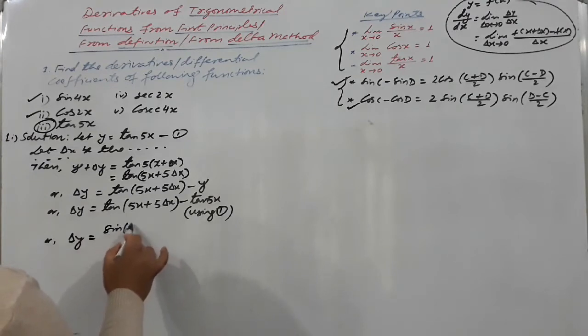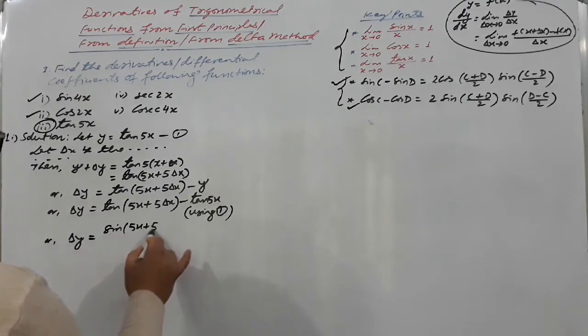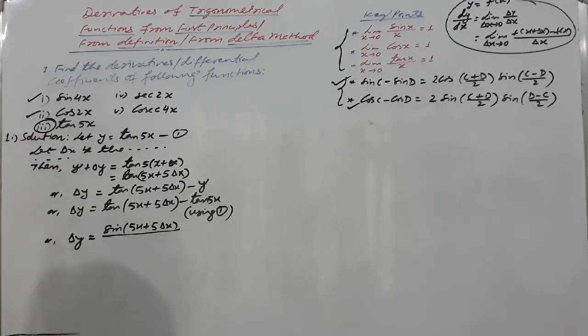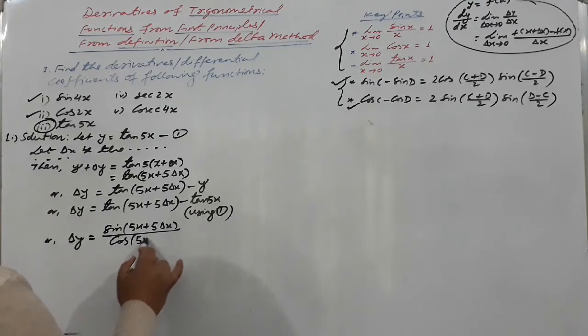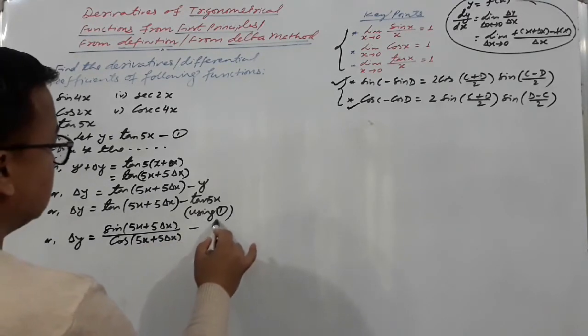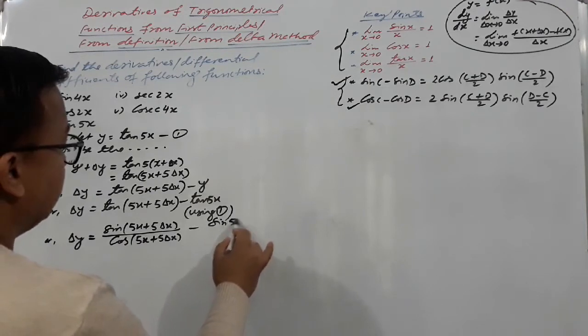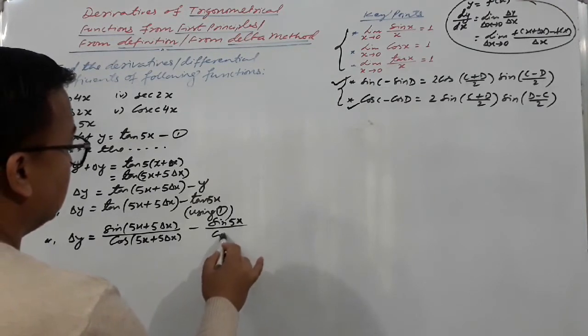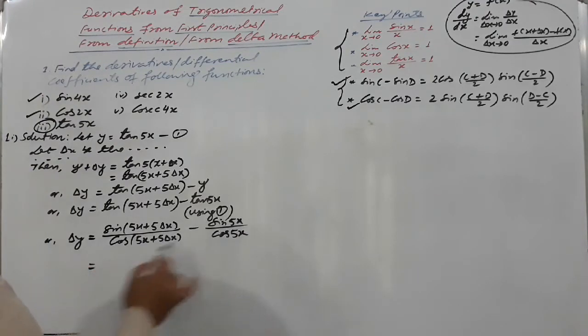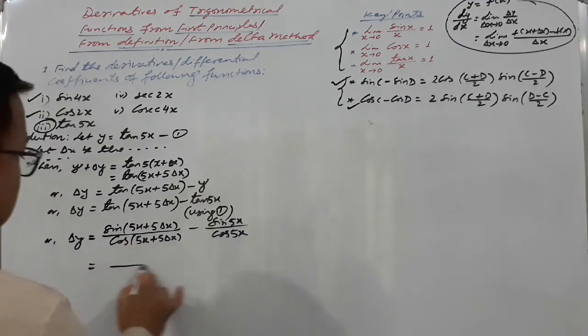tan of 5x plus 5 delta x is sine of 5x plus 5 delta x over cos of 5x plus 5 delta x, minus sine of 5x over cos of 5x. Now you have to simplify by taking the LCM.